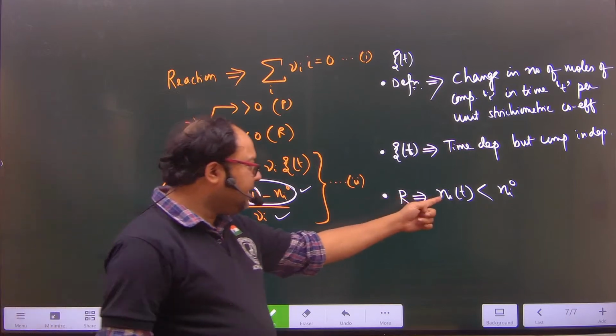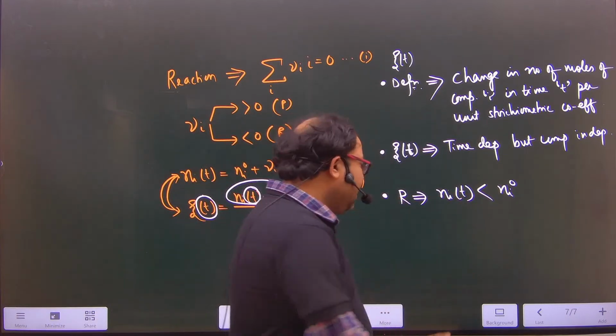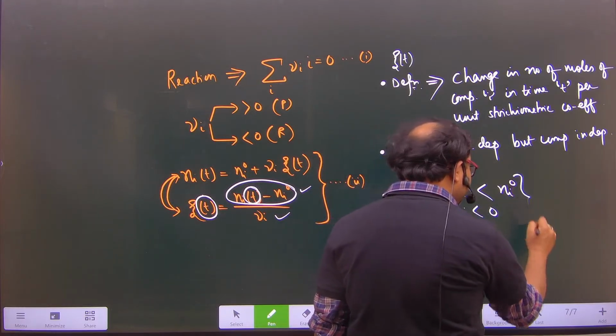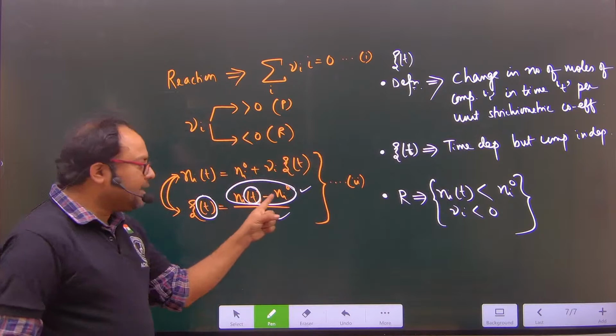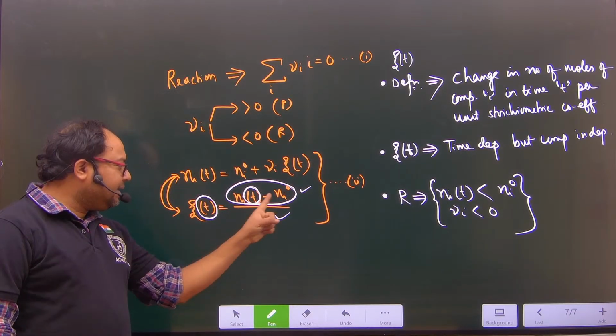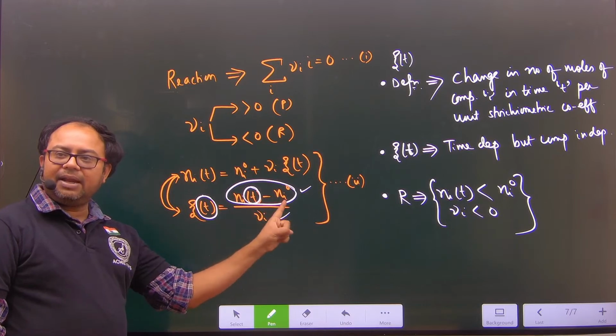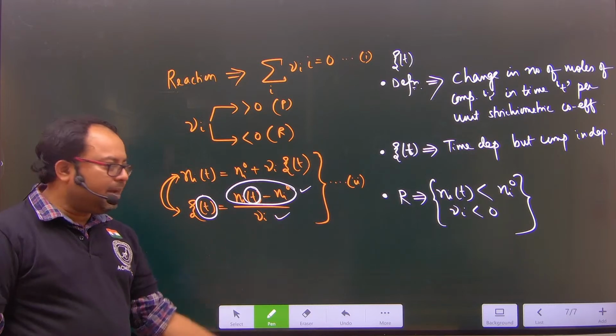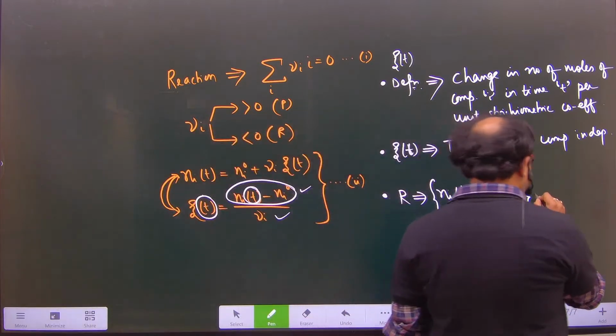So Nit is less than Ni naught, and also for reactants we know that nu I is negative. So both the numerator and denominator are negative. Nit minus Ni naught is negative, and nu I is negative, so negative by negative is positive. That makes xi-t positive.